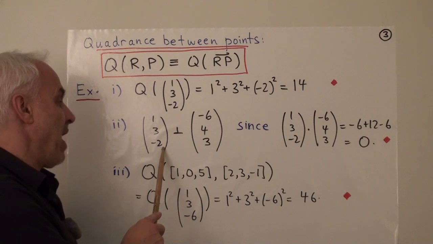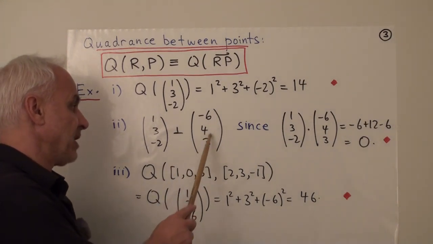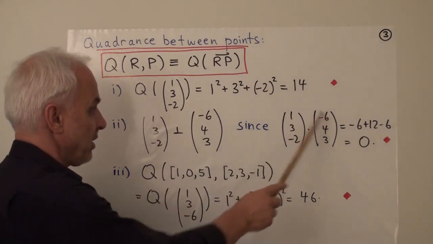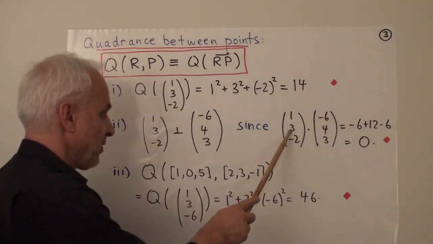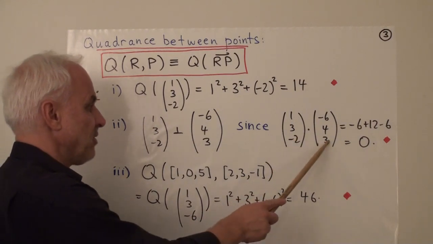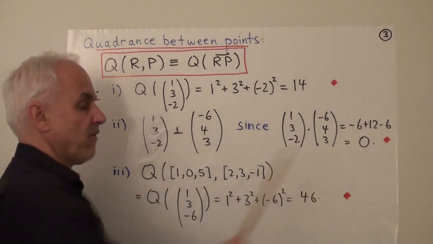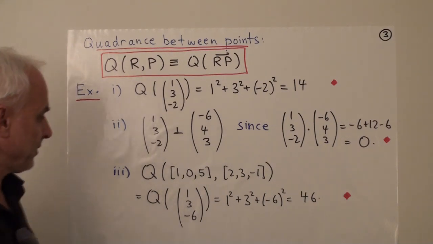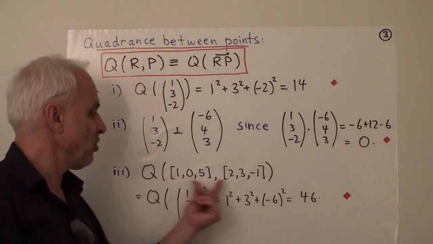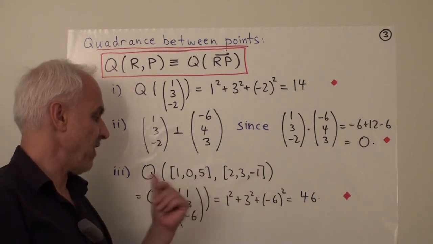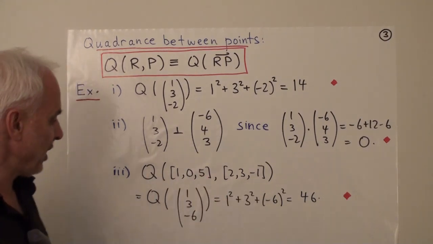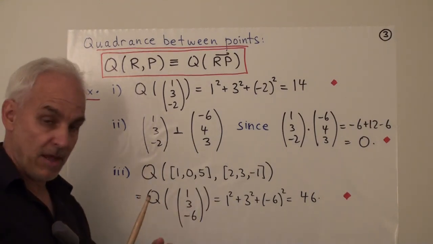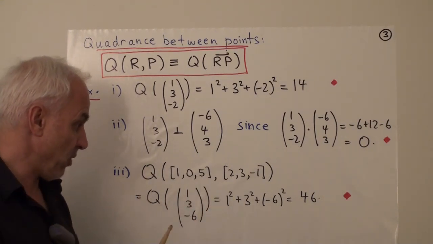The vector 1, 3, minus 2 is perpendicular to the vector minus 6, 4, 3 because the dot product 1 times minus 6 plus 3 times 4 plus minus 2 times 3 gives a total of 0. Dot product is 0, those vectors are perpendicular. And the quadrants between these 2 points, 1, 0, 5 and 2, 3, minus 1, is just the quadrants of the vector joining them, and we get the vector joining them by taking the difference between these coordinates.